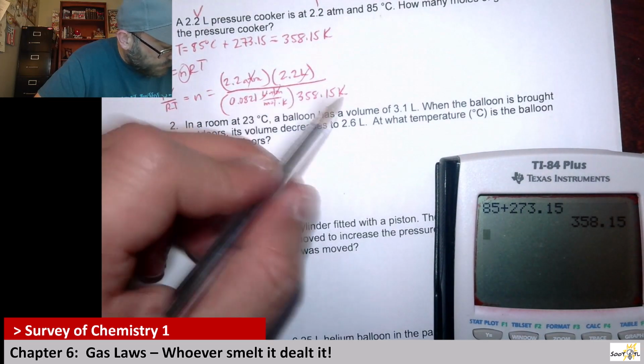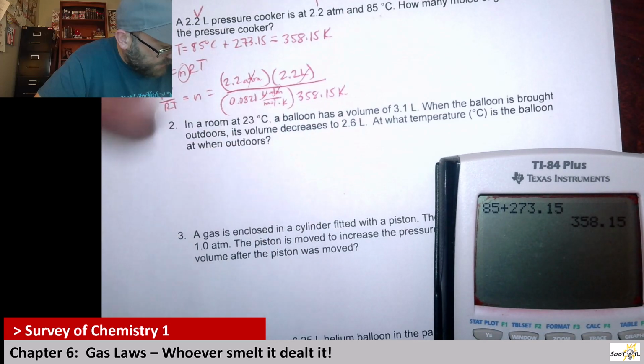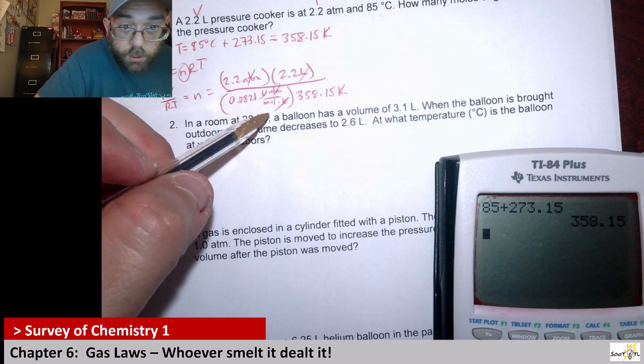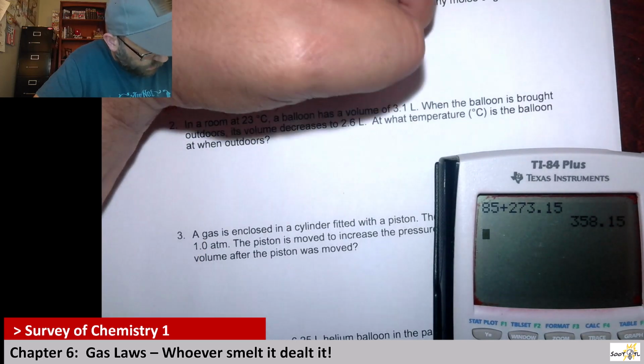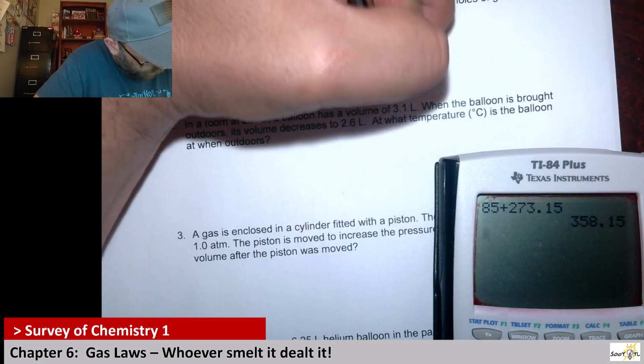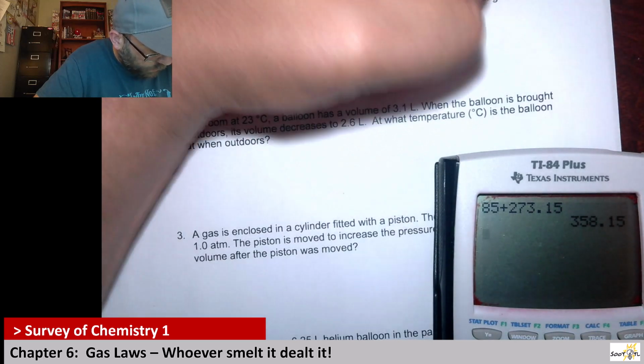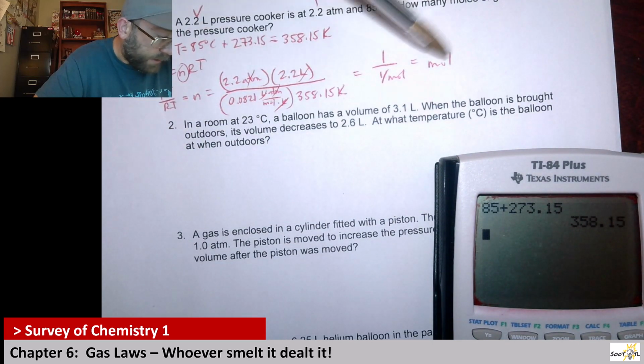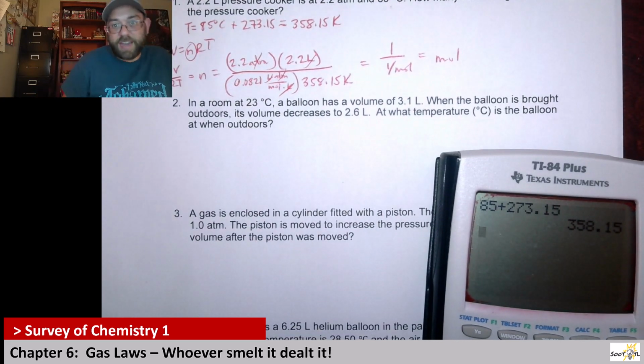Kelvin on top and Kelvin on the bottom. So this would give us 1 divided by 1 over moles, which is the same thing as moles. So when we get our numerical answer, it's just moles. It's not moles to the negative 1.